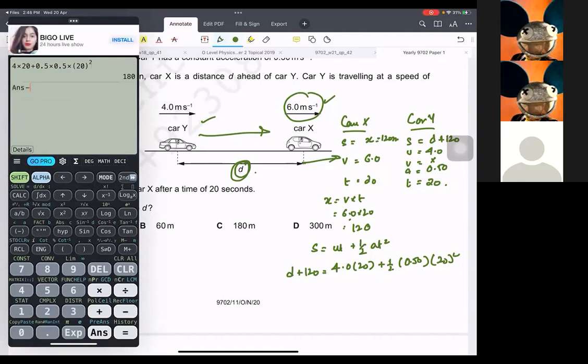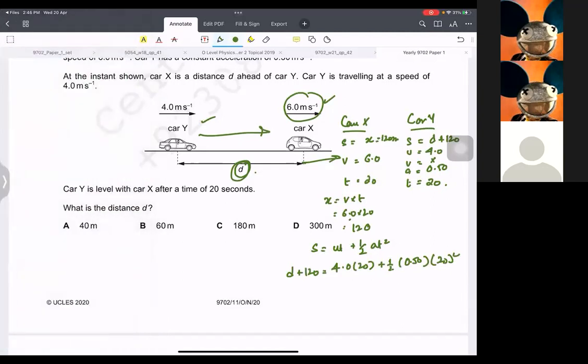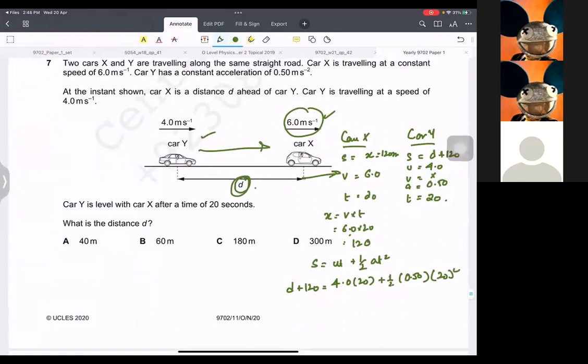And if we subtract 120 from it, it should be 60. So I don't know, but according to me, it should be 60. Can somebody please confirm the answer? Okay, please check the answer for this question.